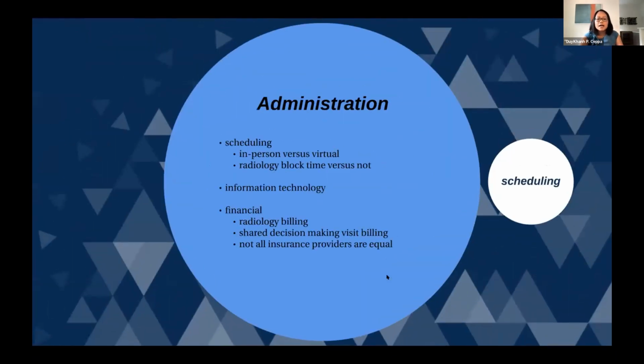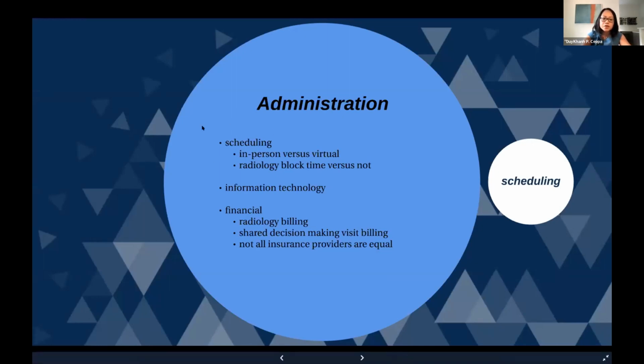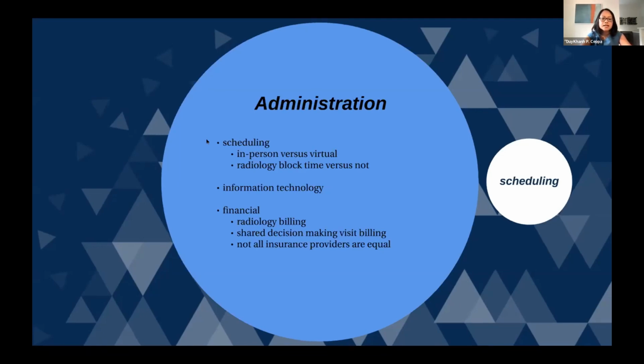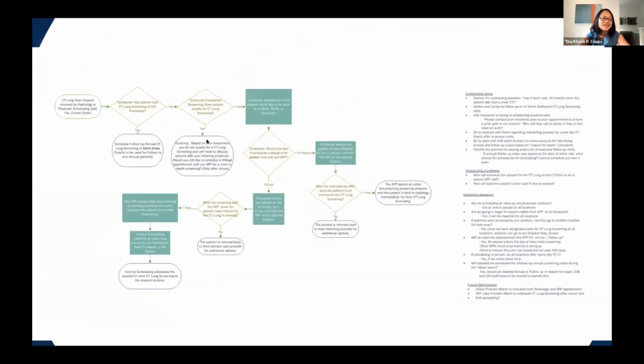And so about the administrative stuff, the background stuff that you really don't think about until you have to start a program and then you realize all the headaches that are involved. It's important to have a person on your team who is involved in scheduling. This is just an example of what it's like for our system. We have one number.